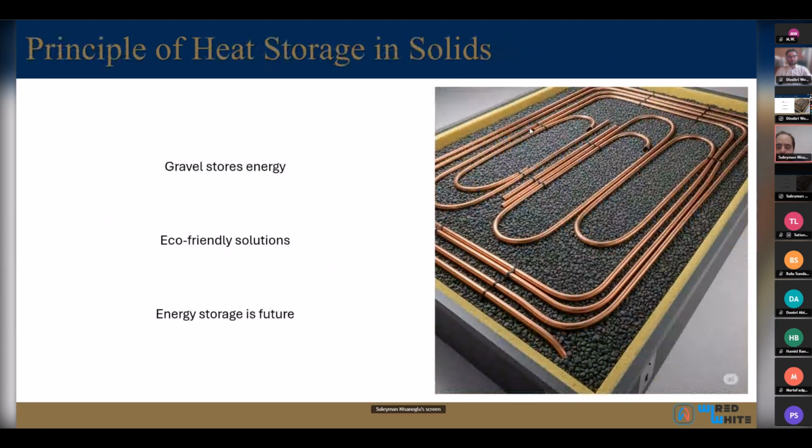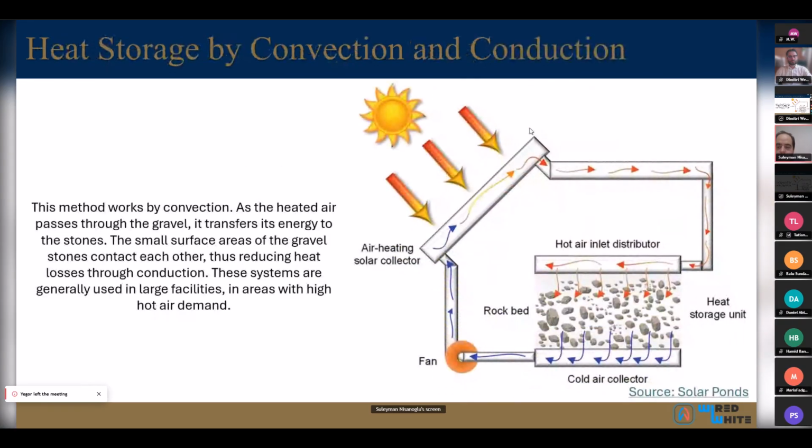Not only liquid, but also solid material can be used for heat storage. This method is especially preferred for building low-cost and long-lasting systems. A commonly used material is gravel. A fluid, such as air or water, is heated by passing through a heat source and directed to the area containing the gravel, these small stones.